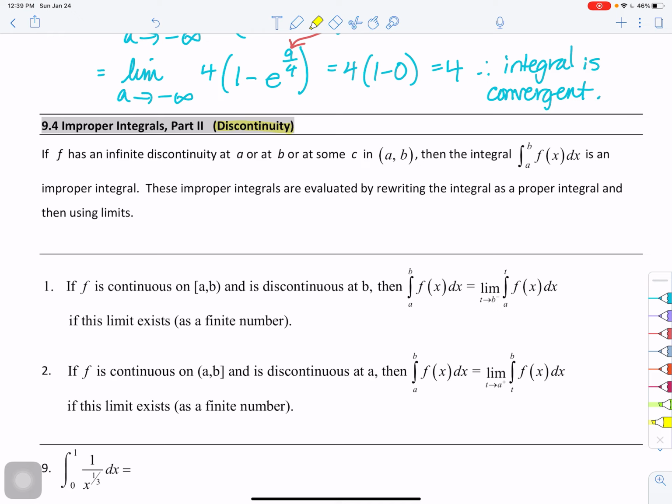So basically what you need to think about is we're on some closed interval a to b, okay? And there is some number within that interval, and let's just go ahead and use the open interval. There is some value here where the limit of integration is within that interval, but it's a discontinuity.